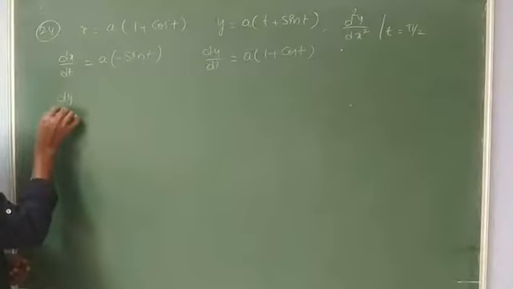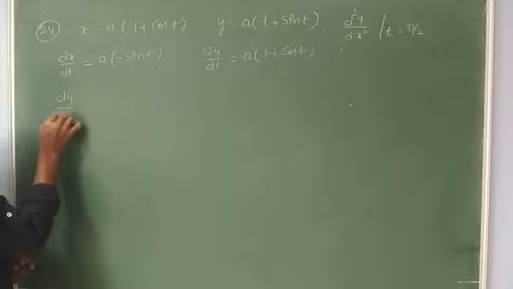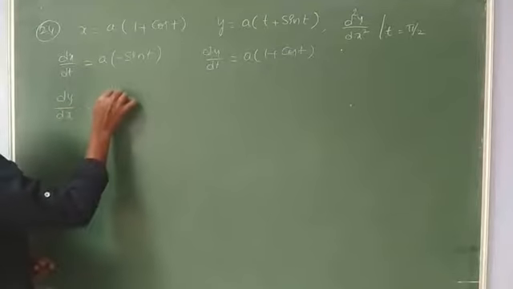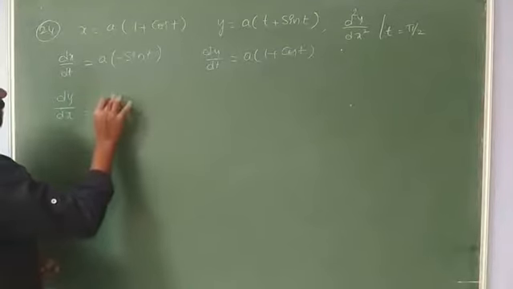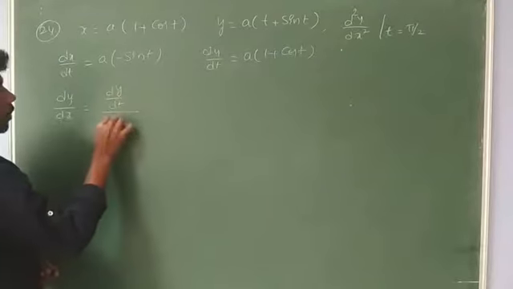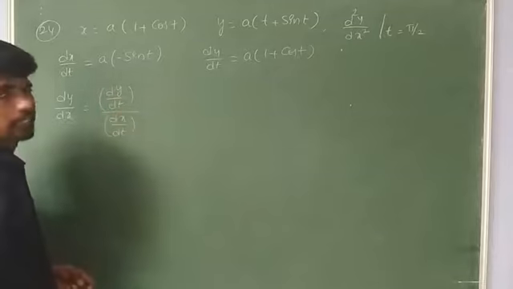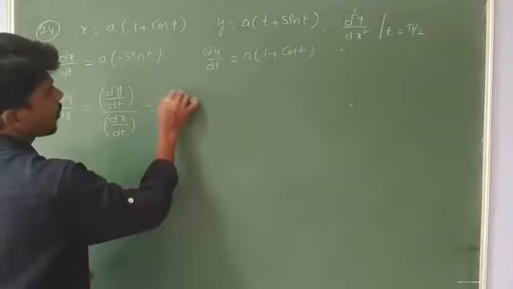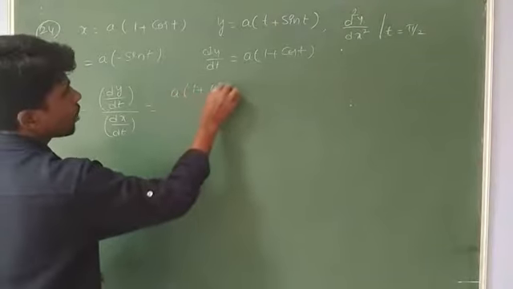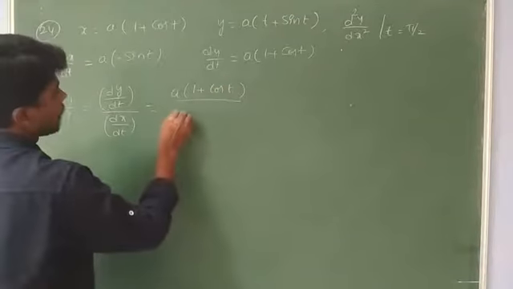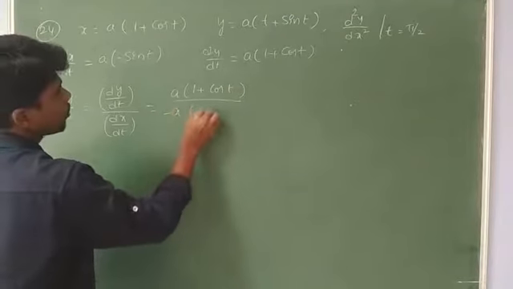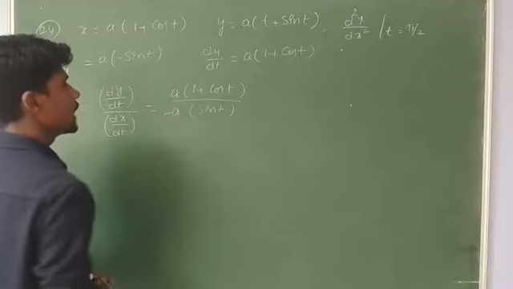I want dy by dx, which is nothing but dy by dt whole divided by dx by dt. Right, I got a into (1 plus cos t) by minus a into sin t.